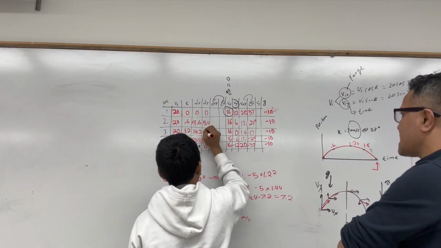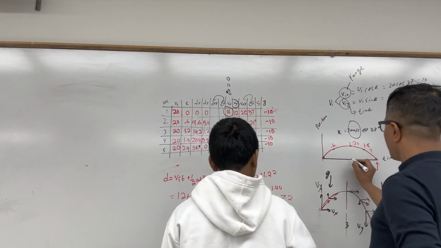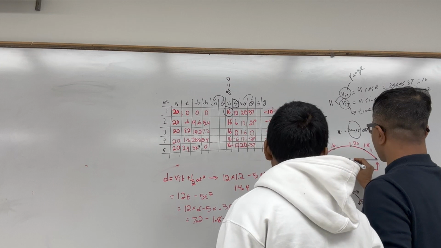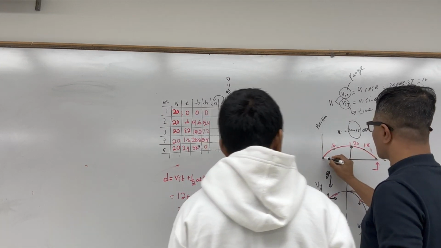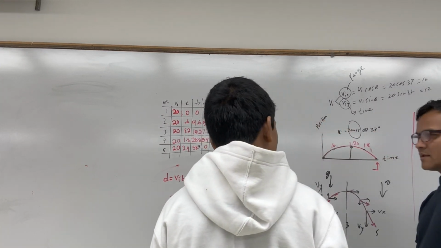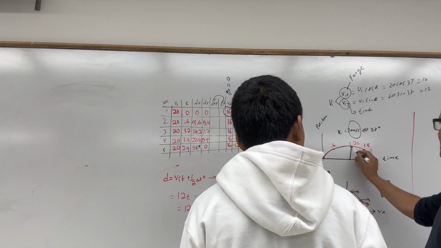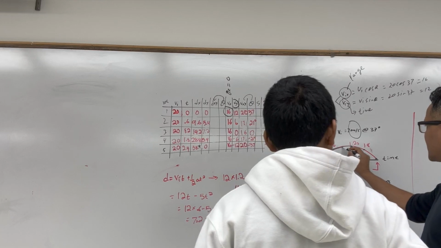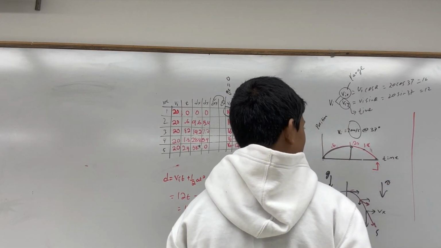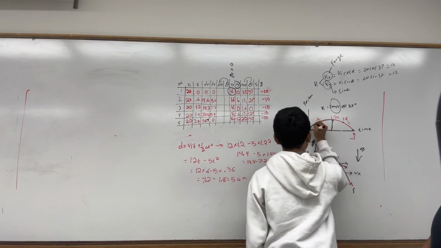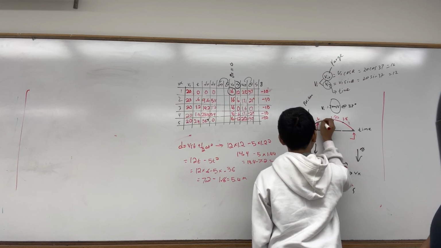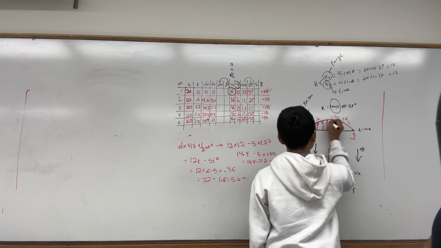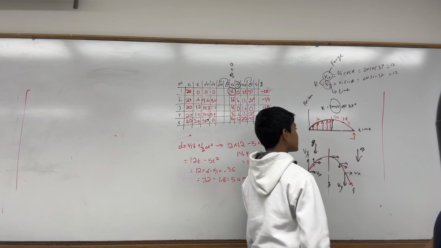Isaac, I have a question. Why is the magnitude of max height equal to the trajectory from 1 to 3? What? Max height is 7.2. Yeah. And from here to here is also 7.2. In reality, all we're watching out for is the vertical displacement, which increases and increases until it hits this.